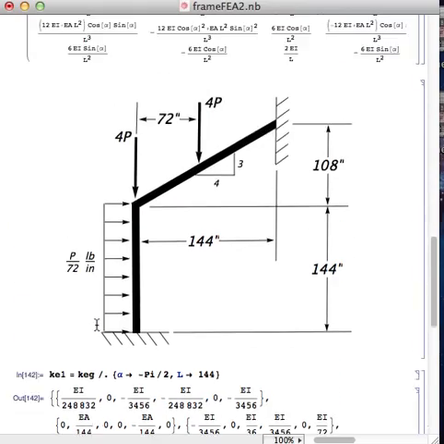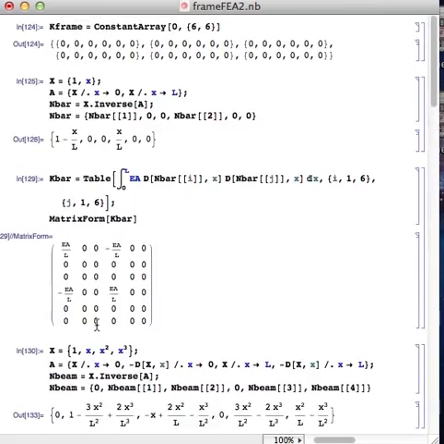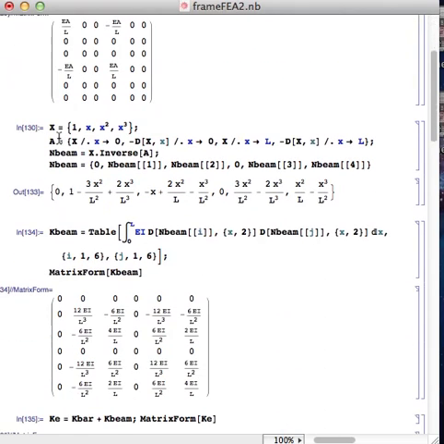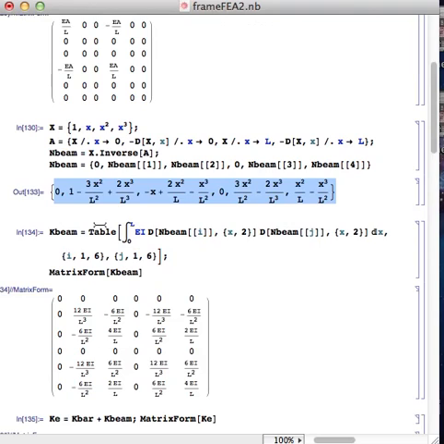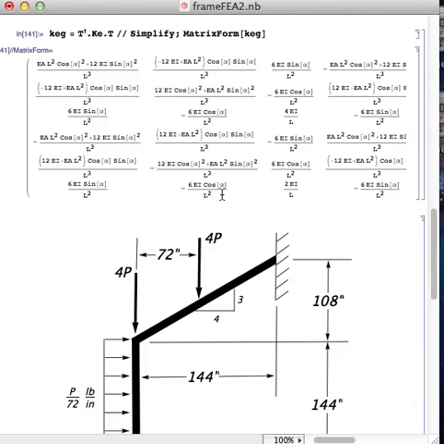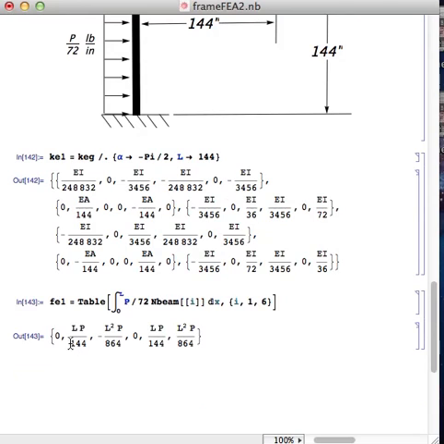Okay, and if you remember when I defined those shape functions, so there's the shape function for the bar. There's zeros in as placeholders at the locations where the axial degrees of freedom are. And that's reflected here, that these zeros appear, okay?